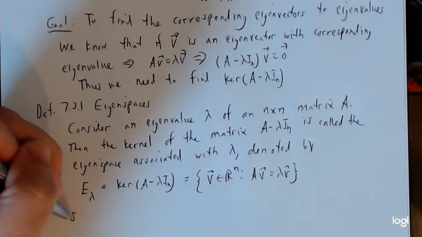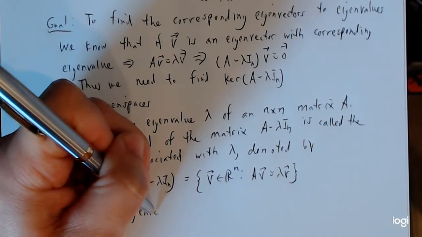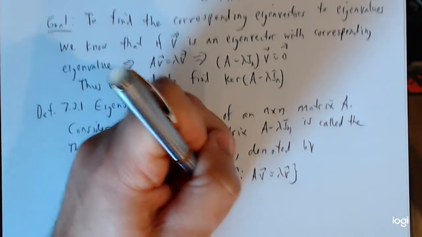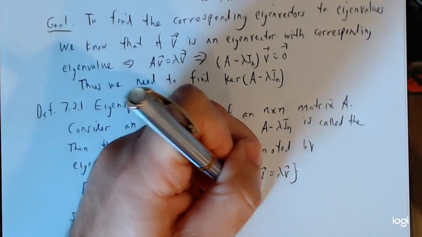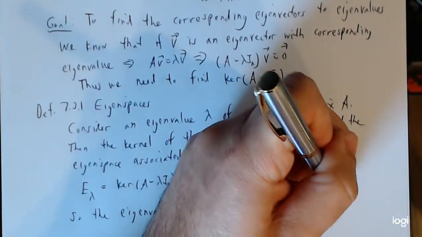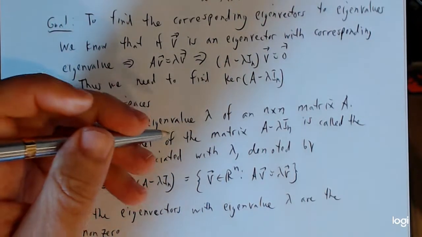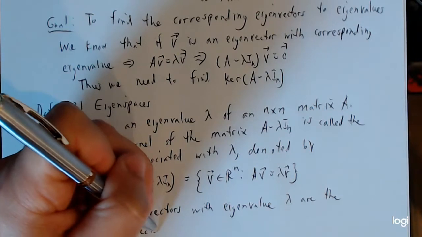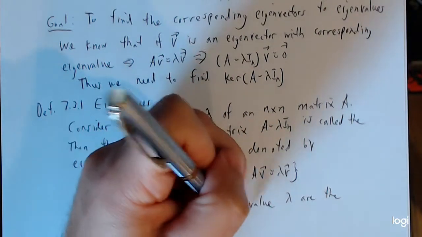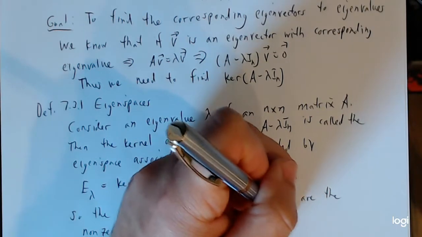So what we're going to say is that the eigenvectors with eigenvalue lambda are the non-zero vectors in the eigenspace E sub lambda.